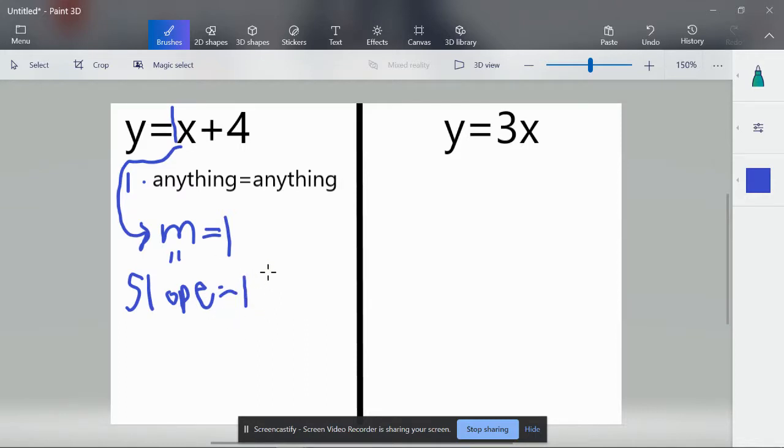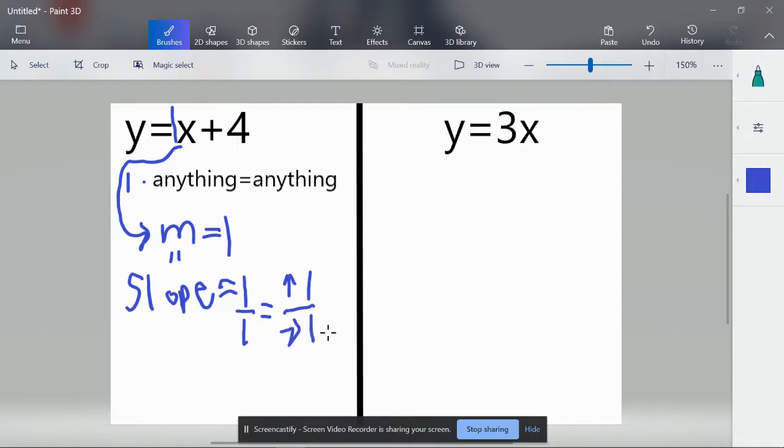And if we wanted to write this whole number 1 as a fraction, you would just put a 1 in the denominator because anything divided by 1 is still just that thing. So this is telling us that our slope is up 1 and to the right 1 because both of those ones are positive.